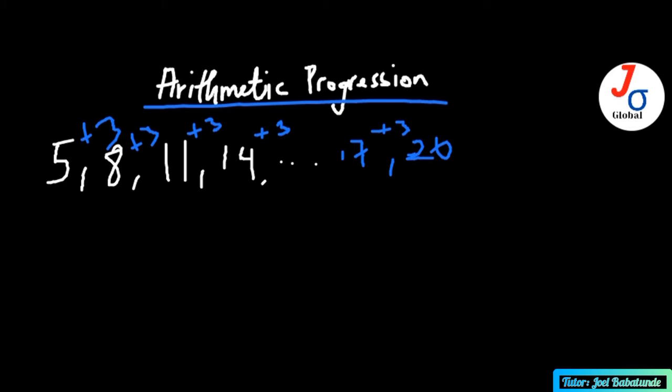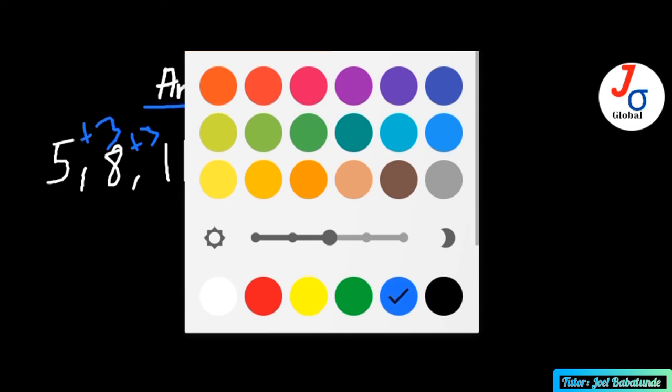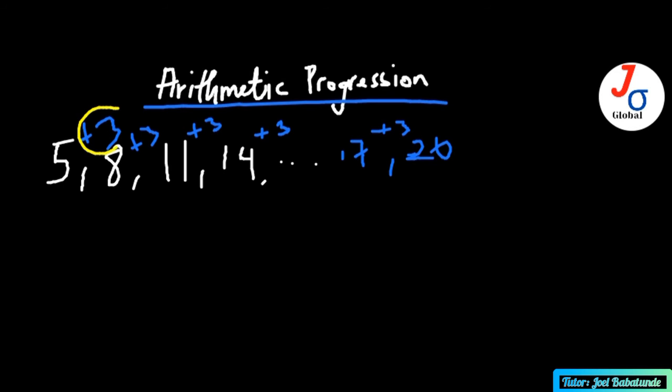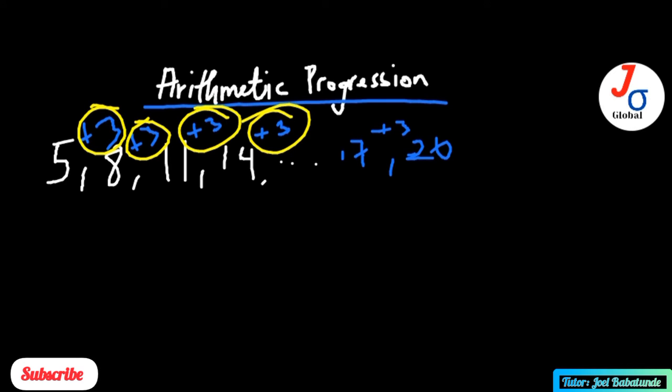One thing I want you to know is that this difference, either increase or decrease, is what we call the common difference. You can see it's the constant. The increase or decrease is always the same, plus 3 in this case.